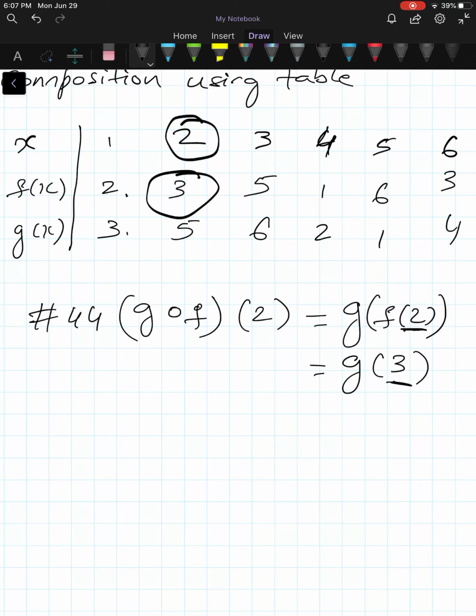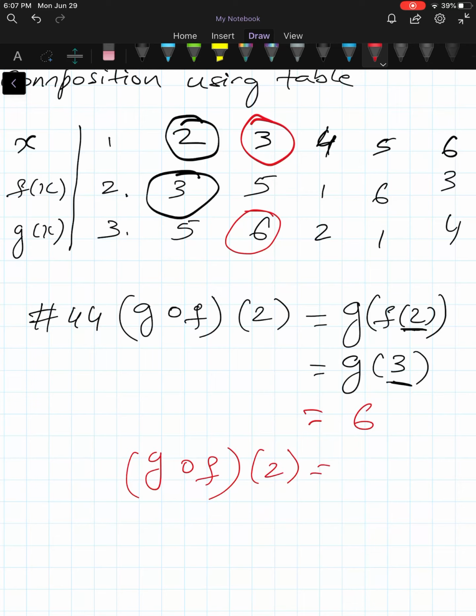Now when x is 3, what would be the g value? That is in the third column. So when x is 3, g of x is 6. So g of 3 would be 6. So g of f of 2 is nothing but 6. So this is how you perform the composition of functions using a table of values.